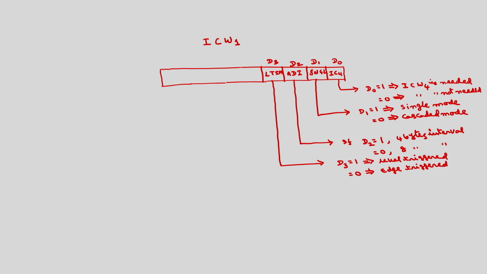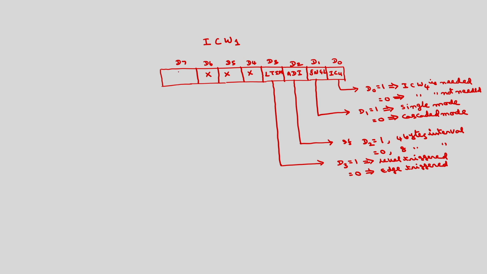The remaining bits D4, D5, D6, D7 are used only for the 8085, whereas in 8086 they are don't cares. In 8085 they have some different purpose, but here we are discussing only 8086, so they are don't cares.